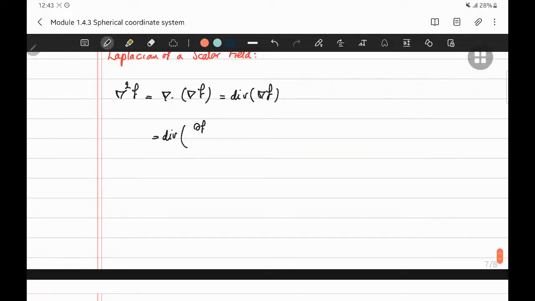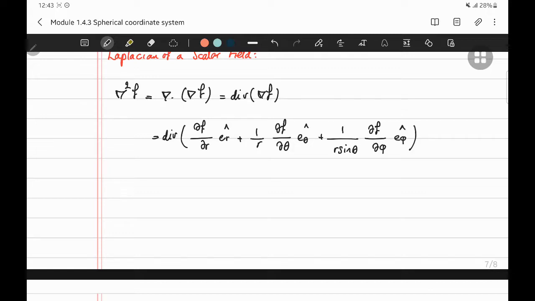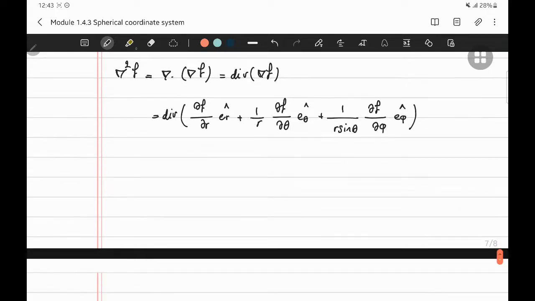So the divergence of partial derivative of f with respect to r, e_r, plus 1 divided by r derivative of f with respect to θ, e_θ, plus 1 divided by r sine θ partial derivative of f with respect to φ, e_φ. So now we have this as V_r, this is V_θ, and this whole is V_φ.